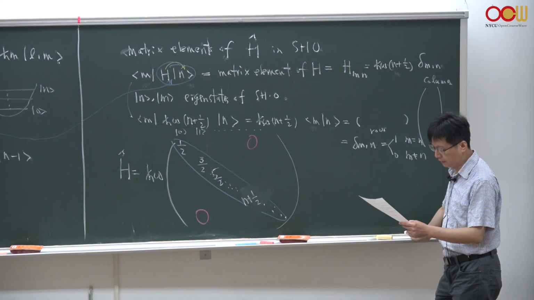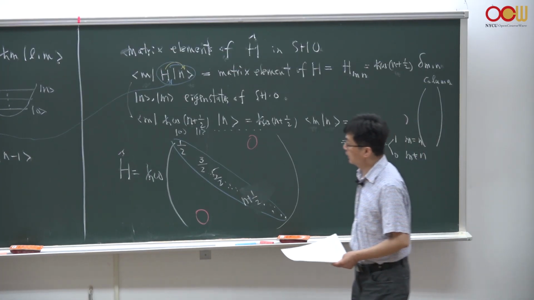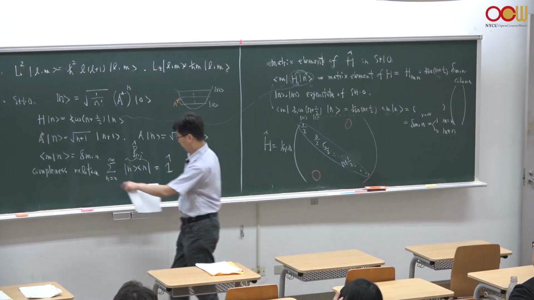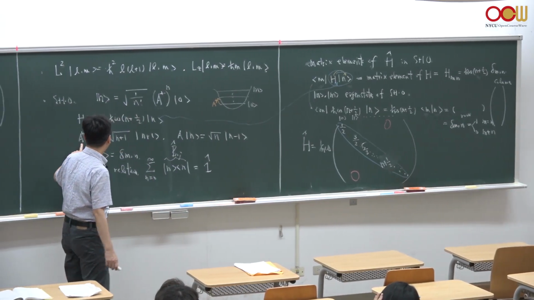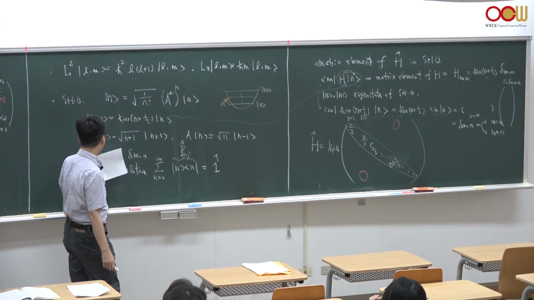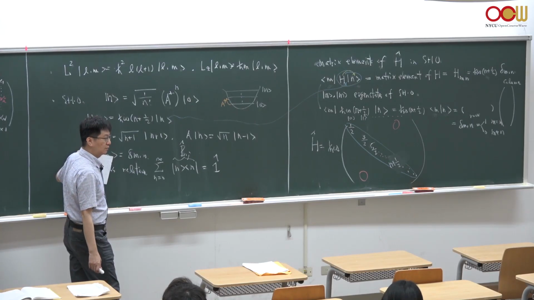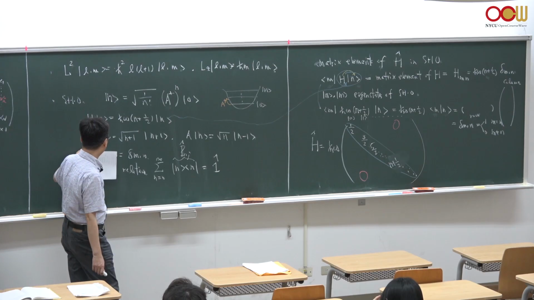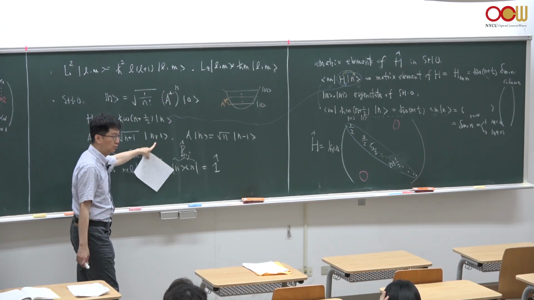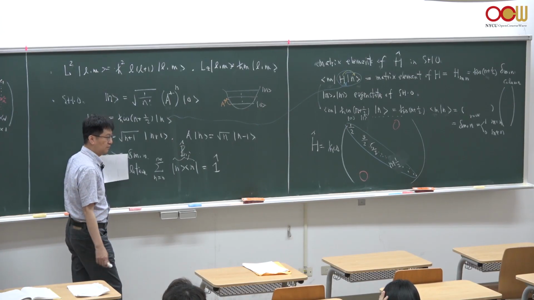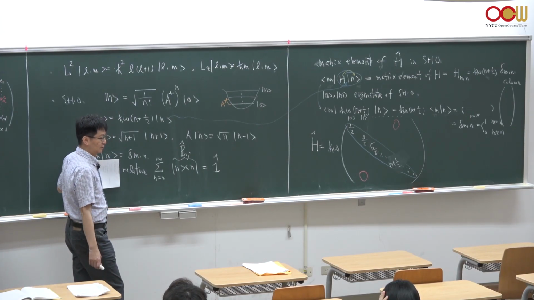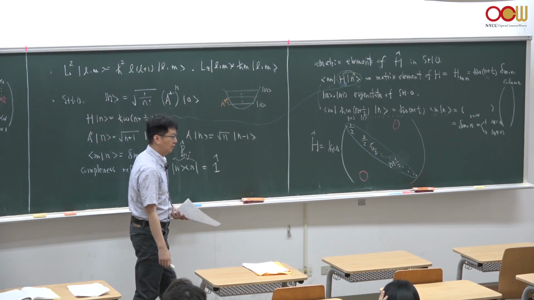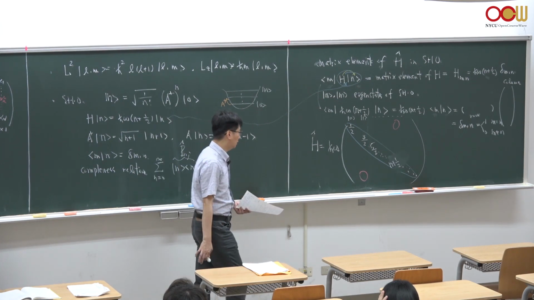And you could do the same thing to construct this a and a dagger, because now to construct, for example, this a dagger, the matrix elements are non-trivial, because if you apply a dagger to this state n, you get the n plus 1 state. Okay, it's not the same state. As a result, you get non-zero off-diagonal matrix elements.